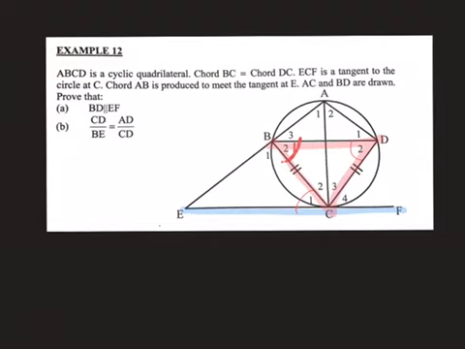Which means that we have B2 equal to C1, which makes a nice alternating angle like that. And then the lines are parallel.